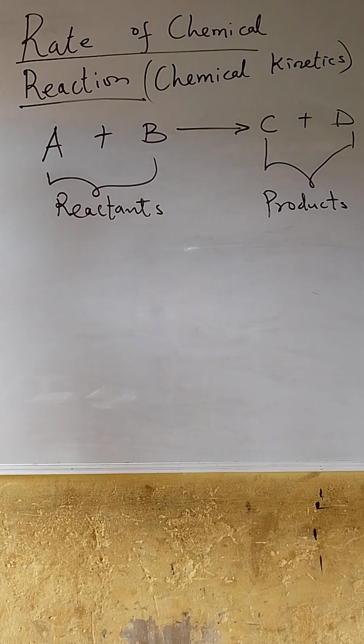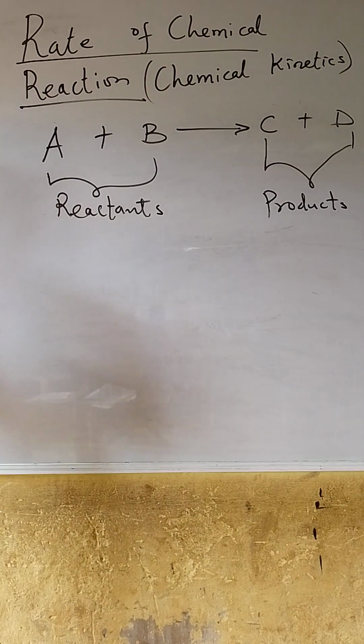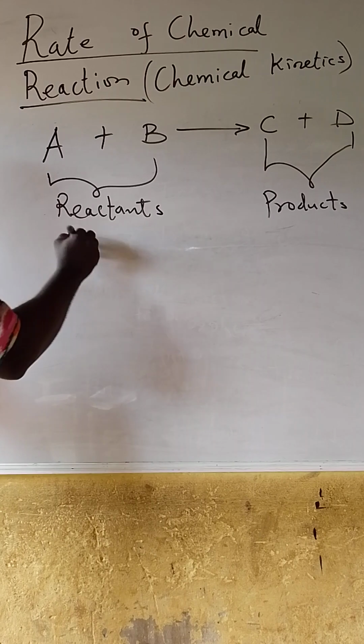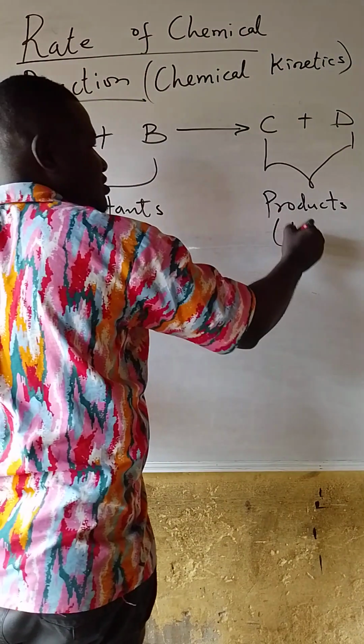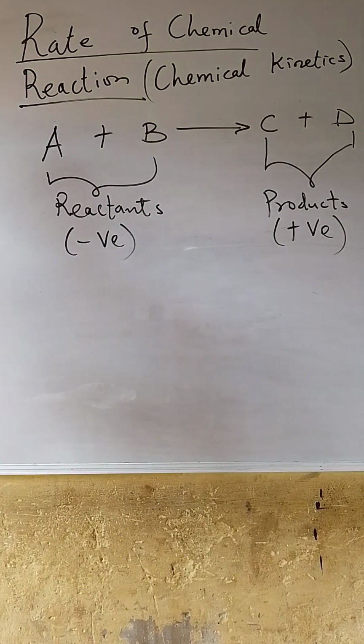Then when we are talking about the rate of reaction, for the reactant side, it's always negative. Reactant side is always negative, while the product side is always positive.